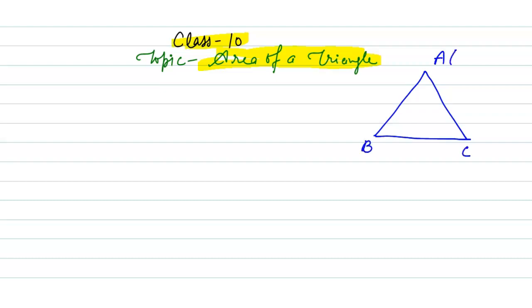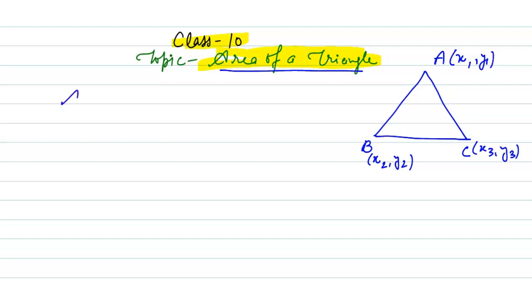Let the first vertex A be given by x1, y1, the second vertex B by x2, y2, and C by x3, y3. We have to find the area of the triangle.